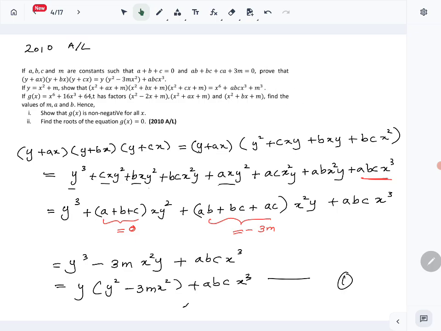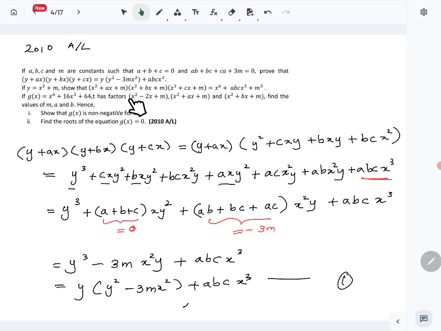Right, so now what are they saying? If g of x is this, it has factors given like this, find the values of a and b, right? So now using the result given to us, we can do this now.